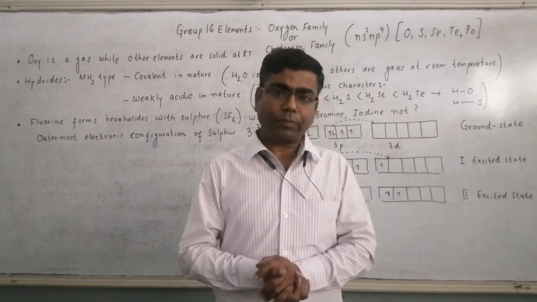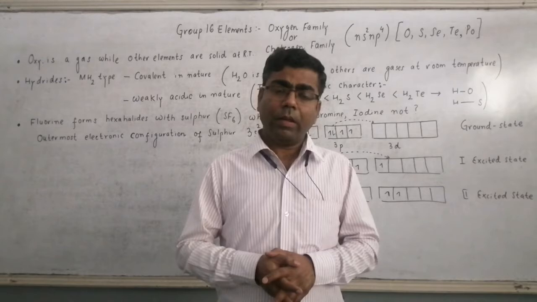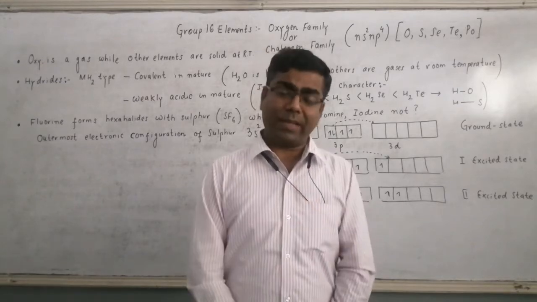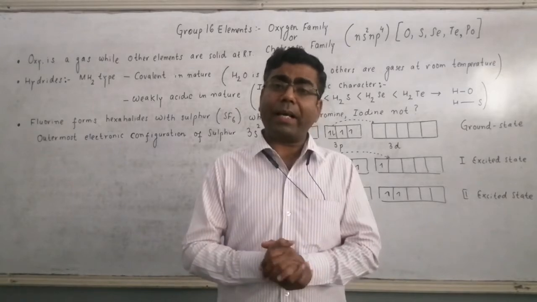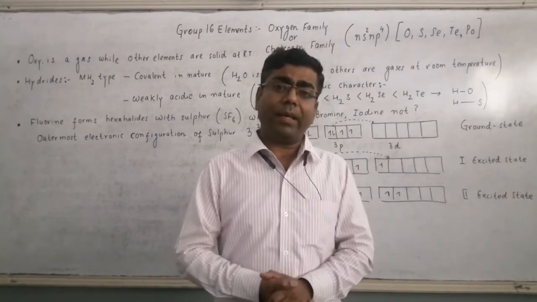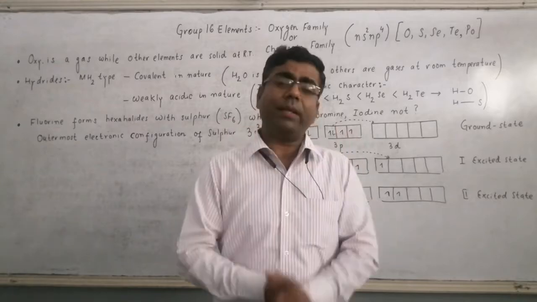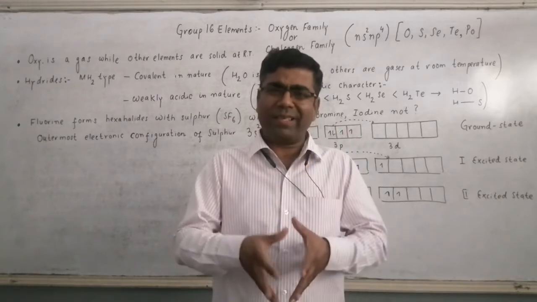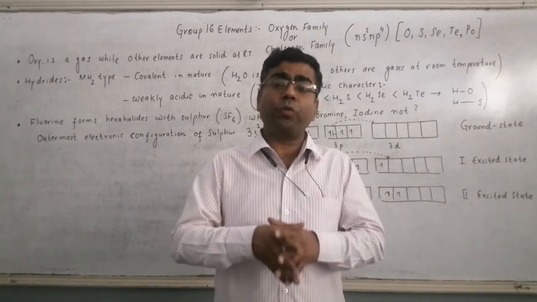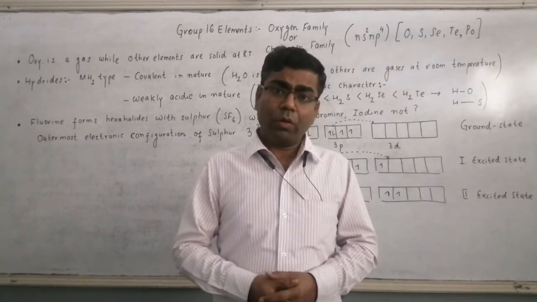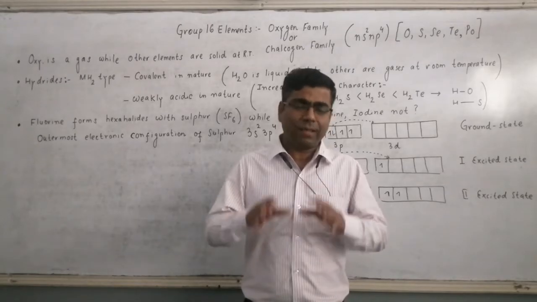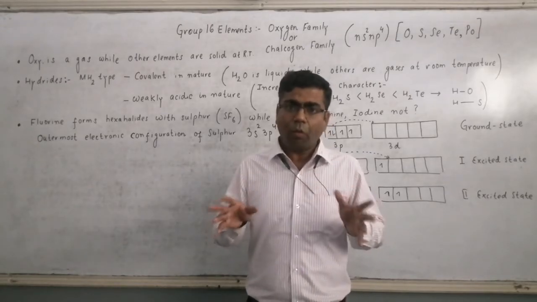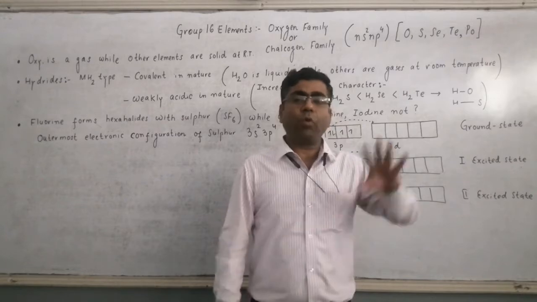What is the reason? The reason is very simple. In H2O, H bonding is present. In water, water molecules are associated via H bonding. Extra bonding is there. More force of attraction is there between the different molecules due to the presence of H bonding. So due to H bonding, water is liquid at room temperature, while in H2S, H bonding is absent.